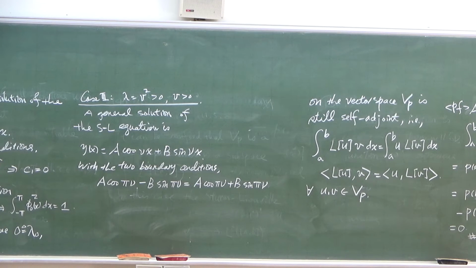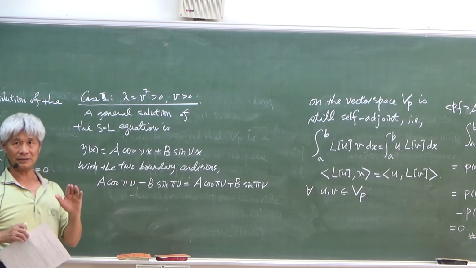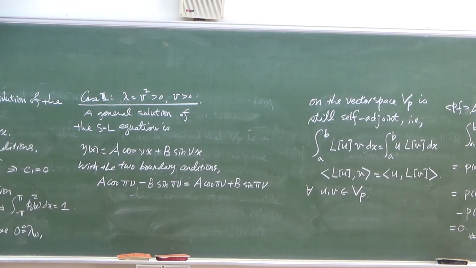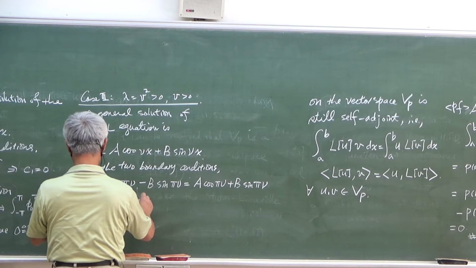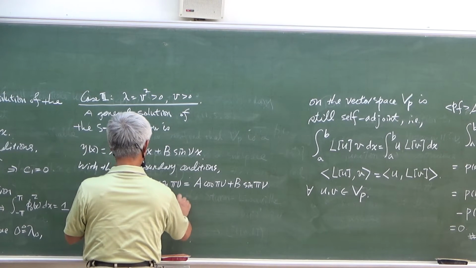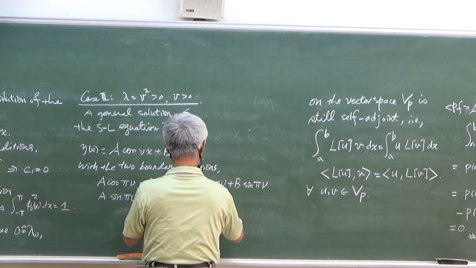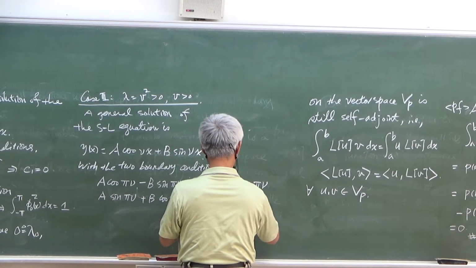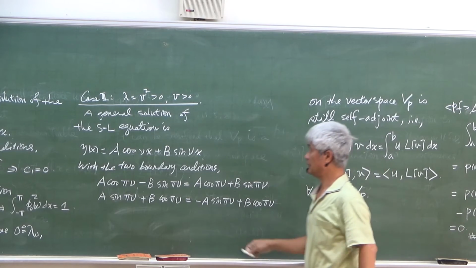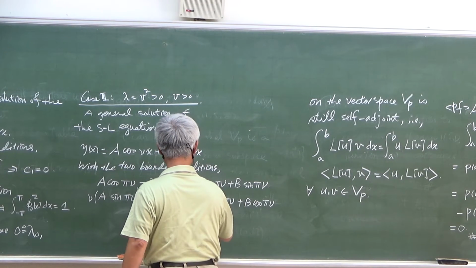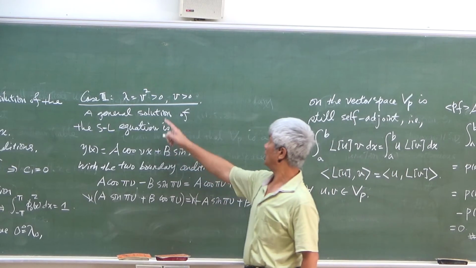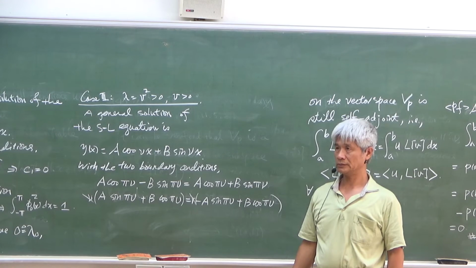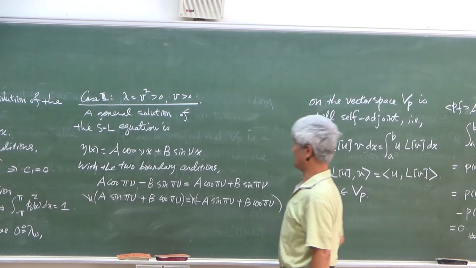Because cosine is an even function, but sine is an odd function, we now apply the second boundary condition: A sine πμ + B cosine πμ = -A sine πμ + B cosine πμ. Because μ is positive by our assumption, the μ has been cancelled.